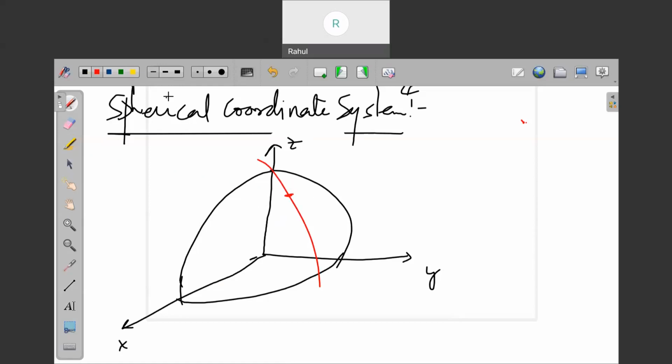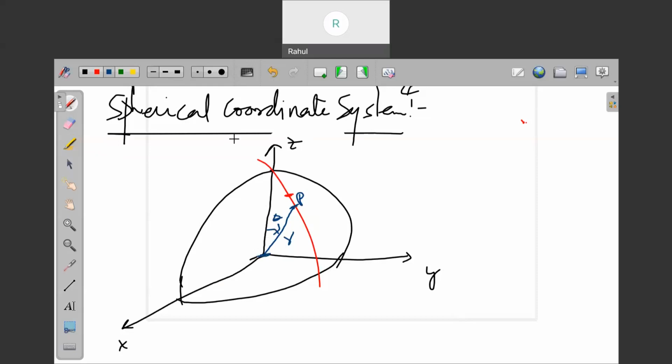If there is spherical symmetry, we need to find the parameters of a spherical coordinate system. So you cut it like this and take the point P here. You join this point P, and the angle it makes from the z axis is theta, and the distance from the origin is r.